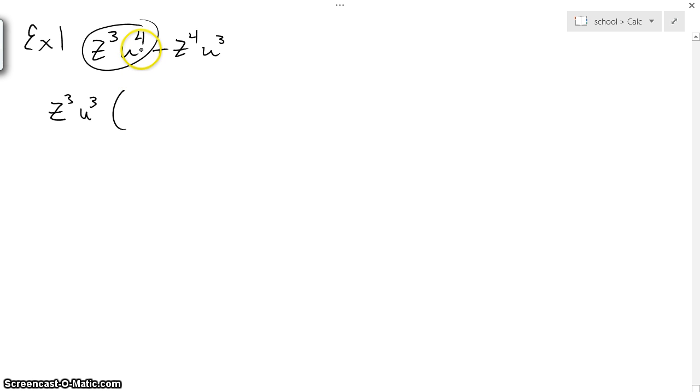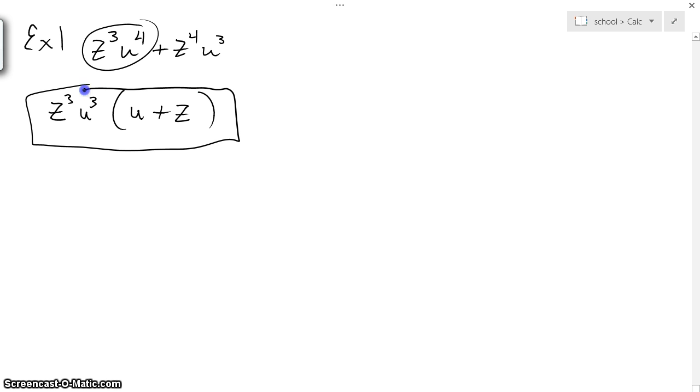I'm going to take 3 out of the 4 u's away, leaving me with just 1 u remaining. I'll say plus. As we go to the second term, I had 4 z's, but I'm going to take 3 of them away. That leaves me with a z, and I factored out all 3 u's. This would be the factored form. You could always redistribute, remultiply that in, and double check and see if that makes sense.